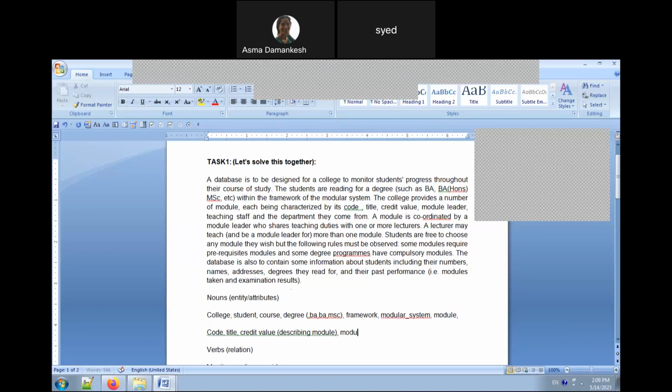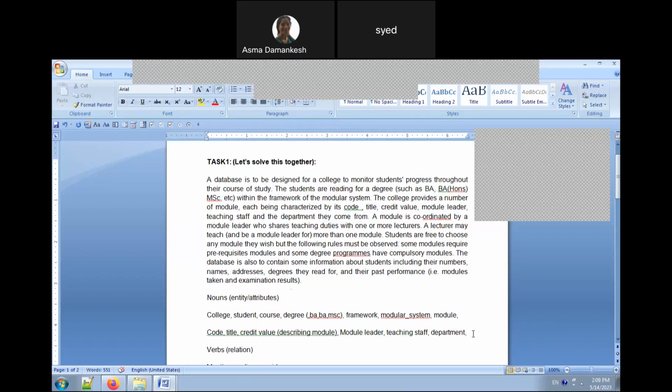So we have module leader, that's an entity. A teaching staff, that's another one. Department they come from, department, okay? So we're just listing the nouns for the sake of explanation.